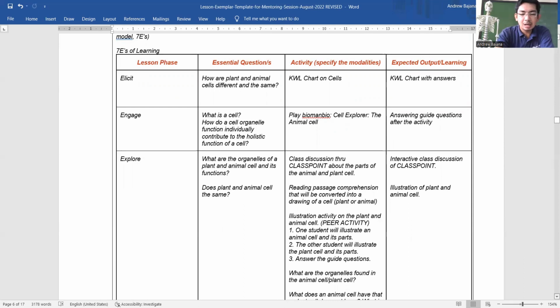This is an HTML video game, online. Then the essential question is: what is a cell? How do cell organelles function individually and contribute to the holistic function of the cell?